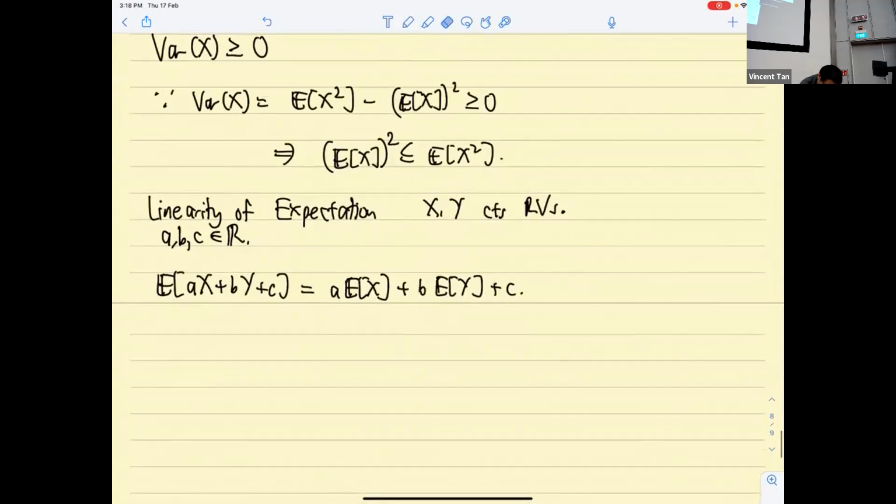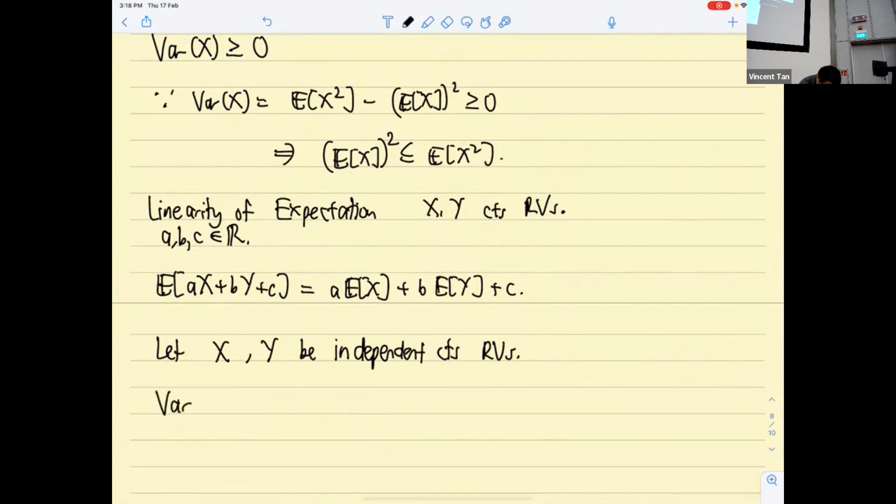All right, this is simple enough. But what is not so simple, maybe it's not so obvious, is the following. Let X and Y be independent continuous random variables. Now, I have not talked about what independent means for continuous random variables yet. I owe you that. But can you just believe me that independent means the same as it was for the discrete case?